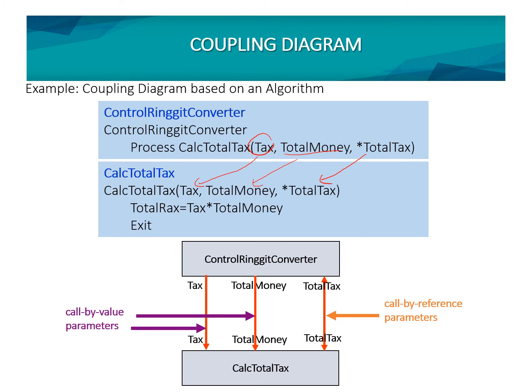So the diagram should be like this one. Remember again that we have a double head for the call by reference and one head for the call by value.